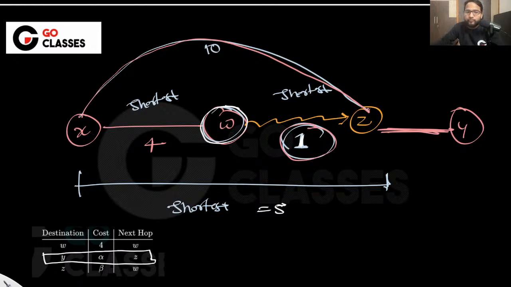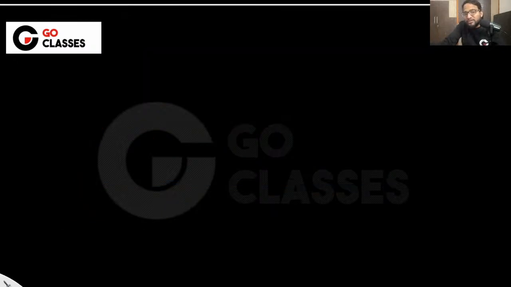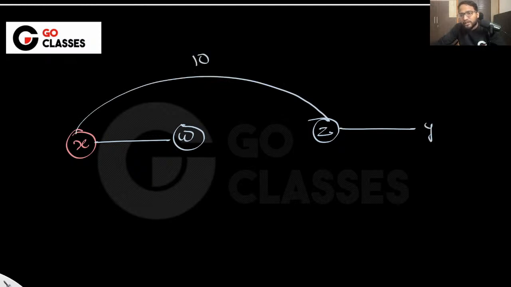See, what they are saying. What are the shortest paths which are given to me? X to W shortest given directly, and then you do not know what is W to Z, right? You do not know. Then this 10 is given to me, and then they are also saying that this is shortest. So basically, this shortest is given to me.